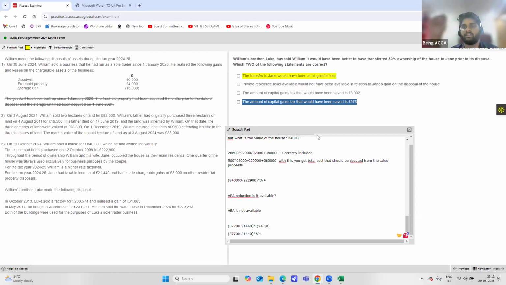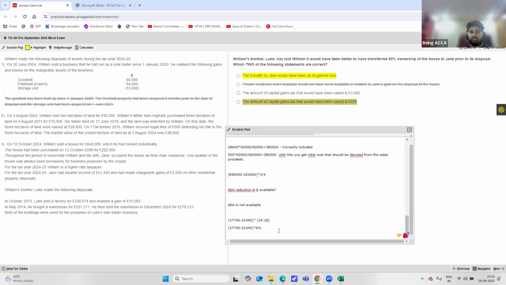Always when they ask for tax savings, it will always be the difference between the tax rate at which it is supposed to be paid minus the tax rate at which you are paying right now. And that is how you will be calculating your tax gains.